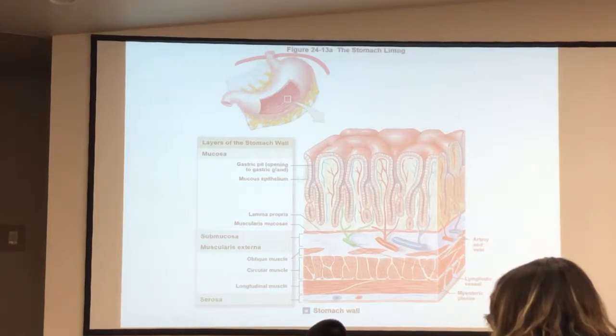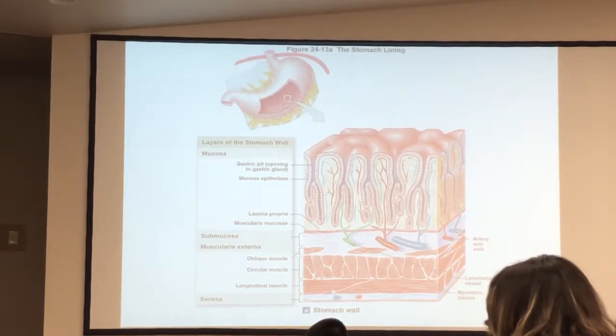In your textbook, they divide it into mucosa, submucosa, muscularis, serosa. Okay. Very important to know these 4 layers. And you can see the muscle also has an oblique muscle, which is innermost and not continuous, and the circular muscle and the longitudinal muscle.